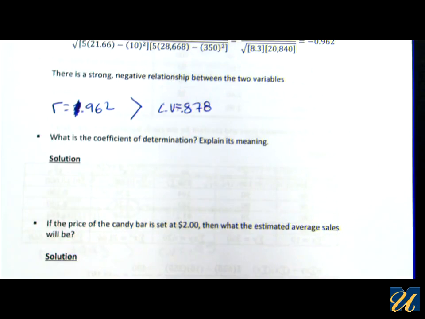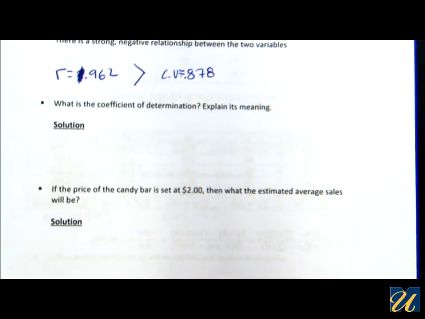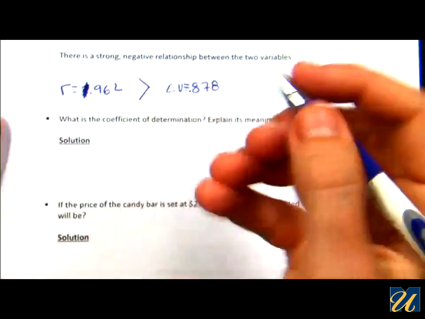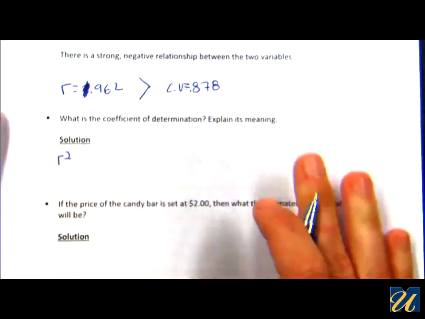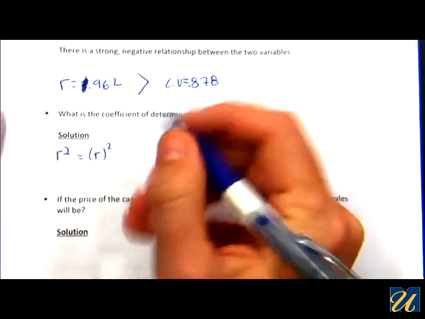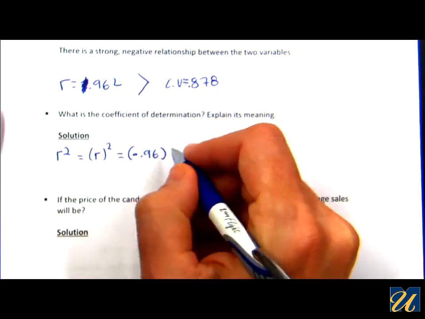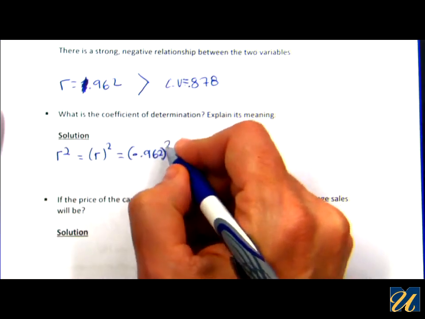Now, what is the coefficient of determination? The coefficient of determination is your r squared. You will take r and you will square it. So r squared is equal to negative 0.962 squared.